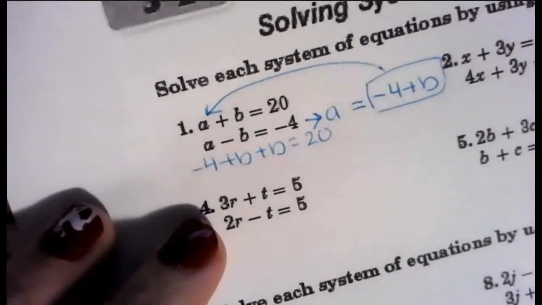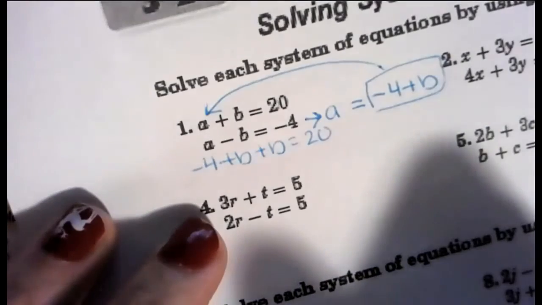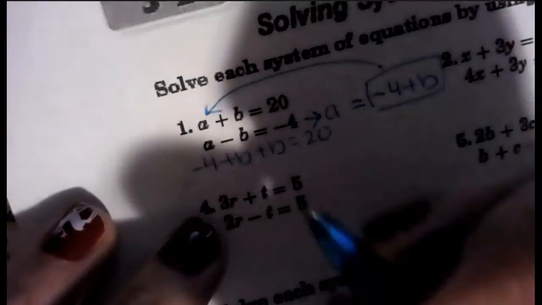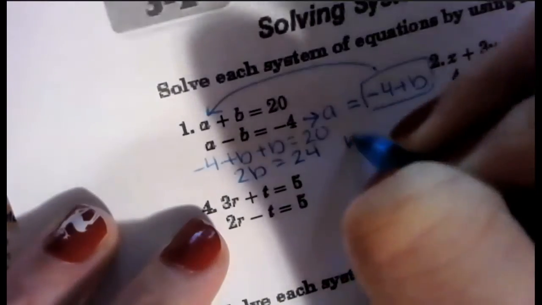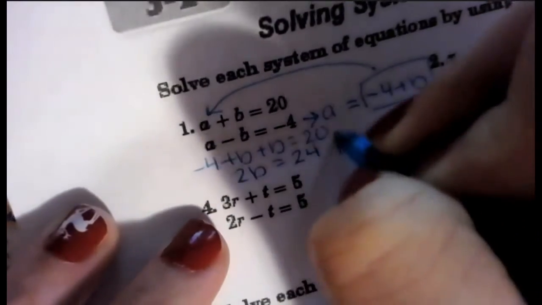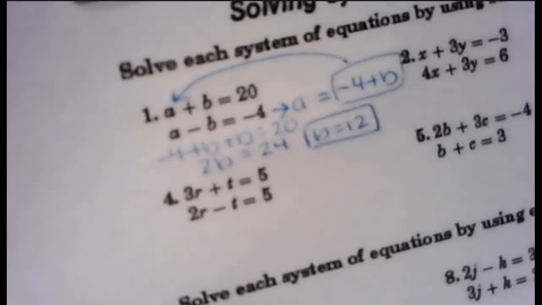So I get -4 plus 2b equals 20. I'm going to add 4 to both sides. So I get 2b equals 24, or b equals 12. So again, you can see how it's illogical to do these problems on this handout.